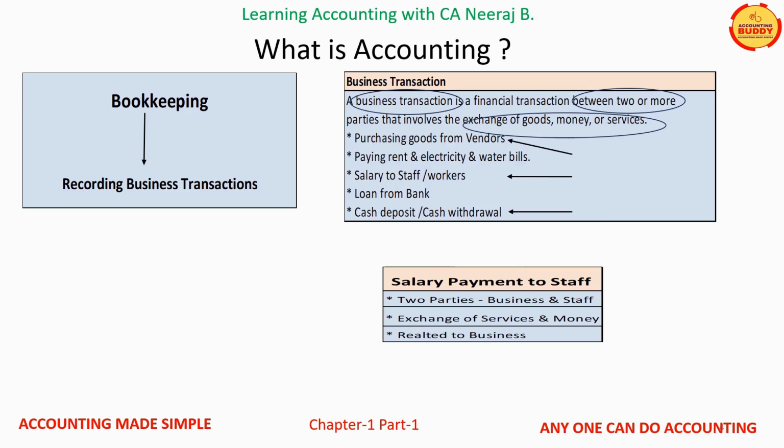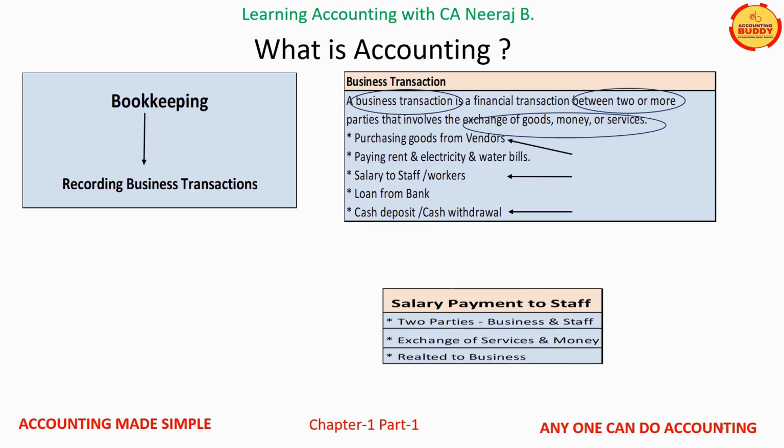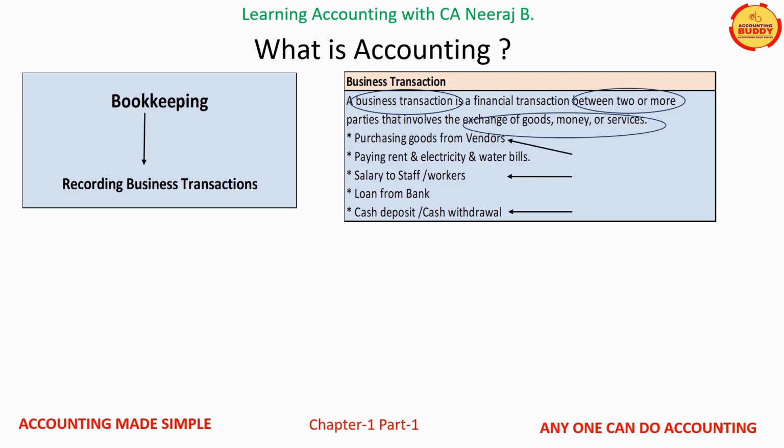Salary is paid for the services provided by the staff to the business. There is an exchange of services and money among these two parties. So all the three basic conditions of a business transaction are fulfilled in all these examples.